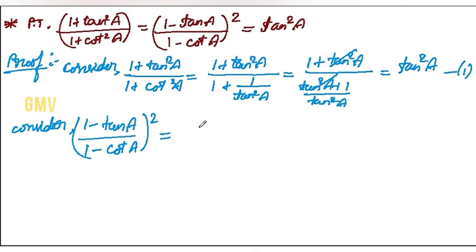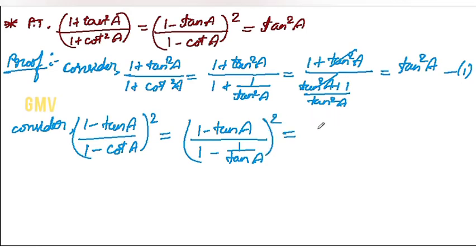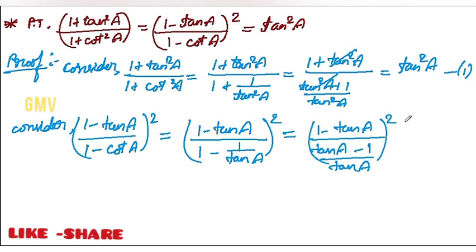It is equal to, I will write 1 minus tan A in the numerator as it is divided by, write cot A as 1 by tan A because those are reciprocal, is equal to 1 minus tan A as it is whole divided by, now take the LCM as tan A, so we get tan A minus 1 by tan A whole square is there.